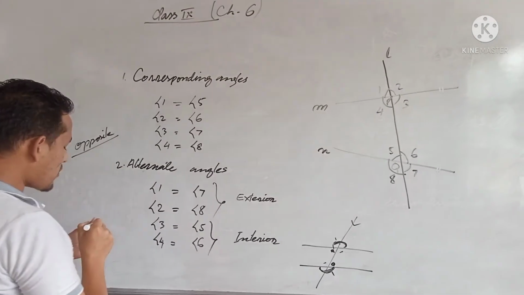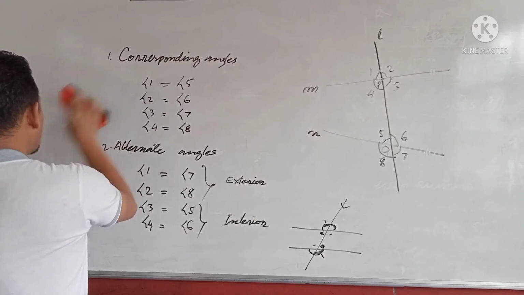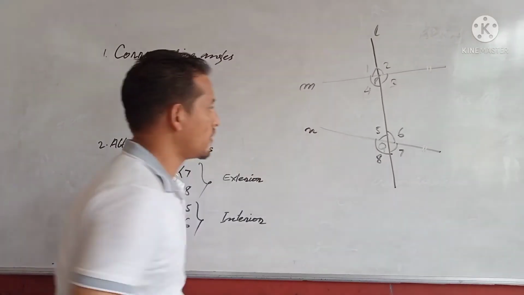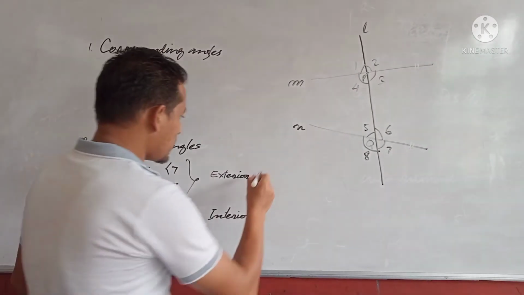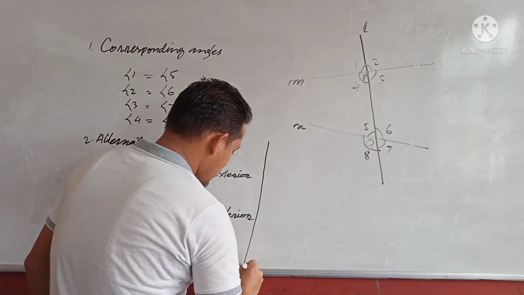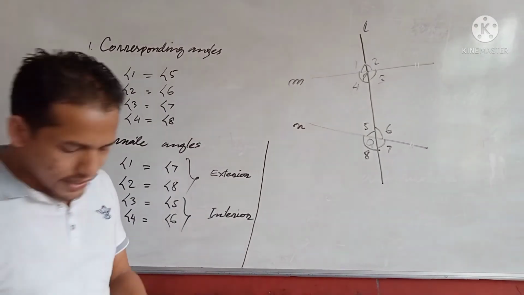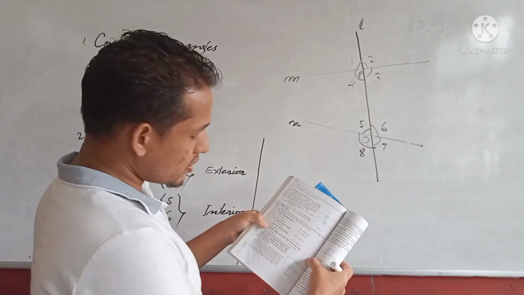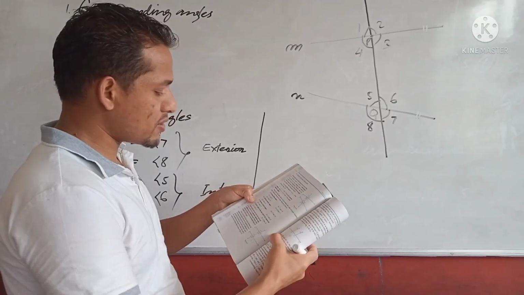And after this, one more point is there. Let me explain that point also. That is interior angles on the same side of the transversal. You can see here also, even exterior we can take, but mostly we use interior.